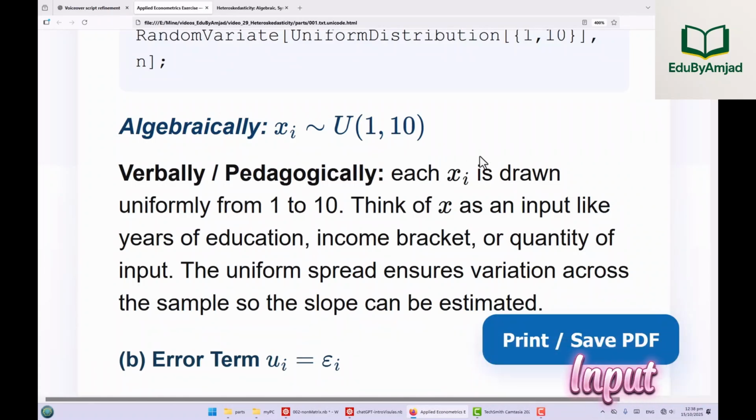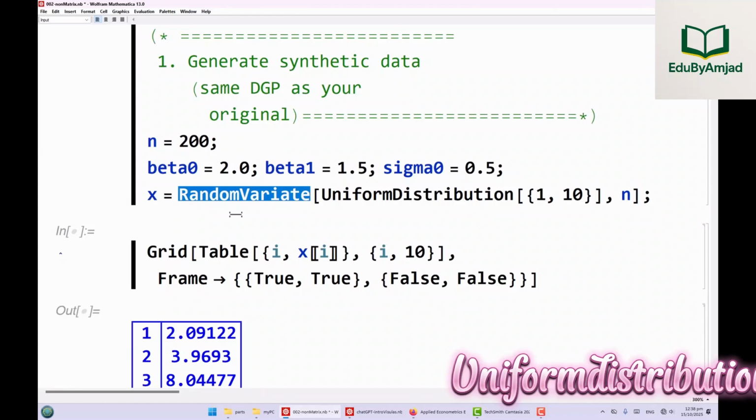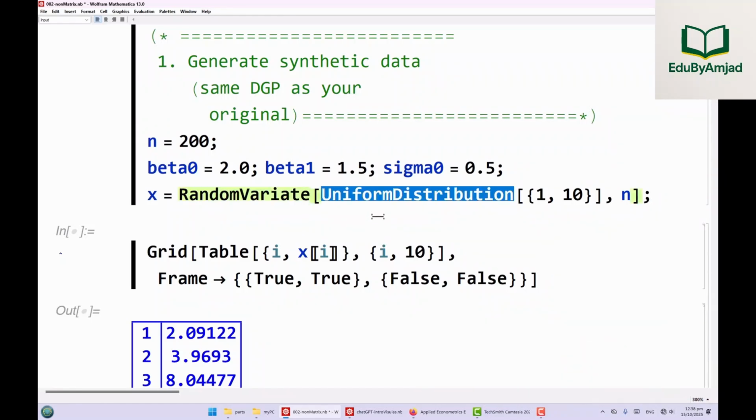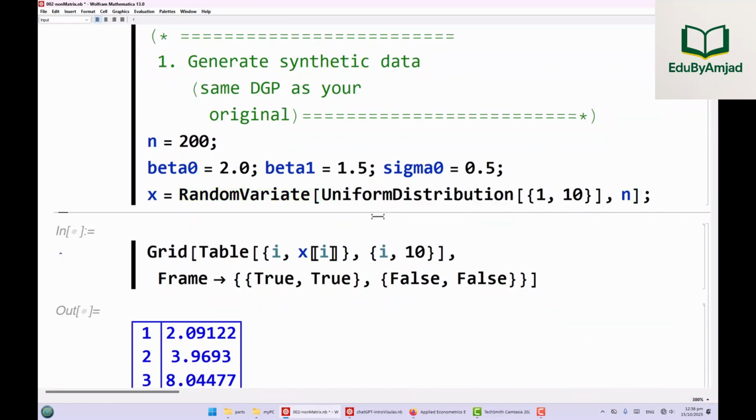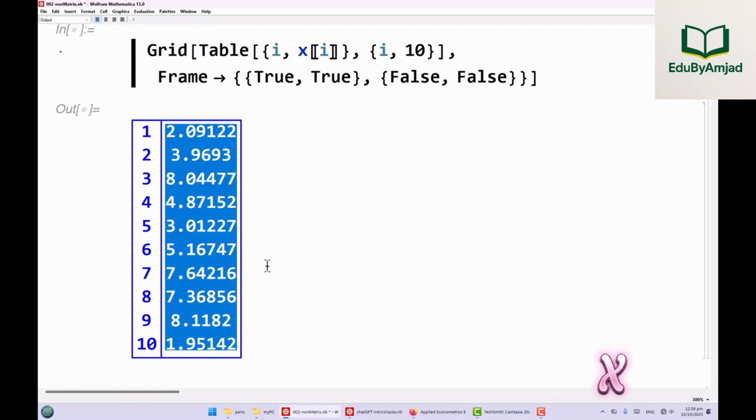Think of x as an input: years of education, an income bracket, or firm sales. In Mathematica we use the functions RandomVariate and UniformDistribution to do this. Here are the first 10 observations out of the 200 values of x.